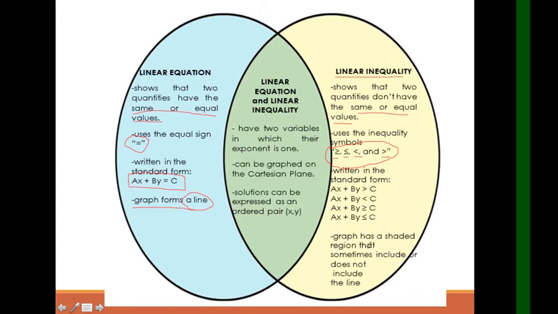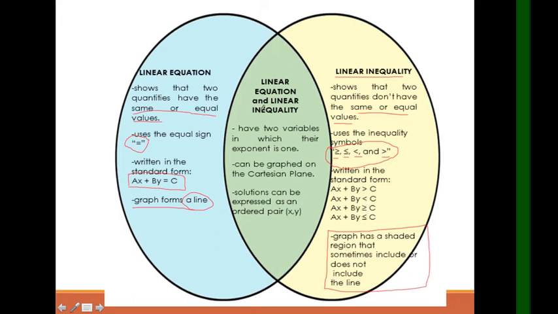At yung a, b, and c are real numbers. Graph has a shaded region that sometimes includes or does not include the line. So also in our previous video, I already presented to you a sample graph for the linear inequality, kung ano ang itsura niya kapag ang symbol niya ay greater than, kapag ang symbol niya ay less than, kapag ang symbol niya ay greater than or equal, at kapag ito ay less than or equal.